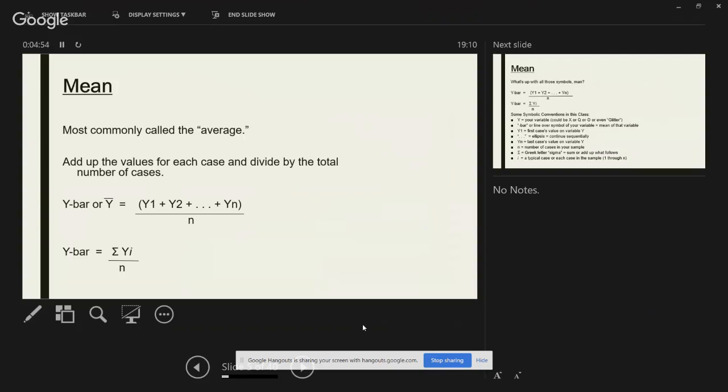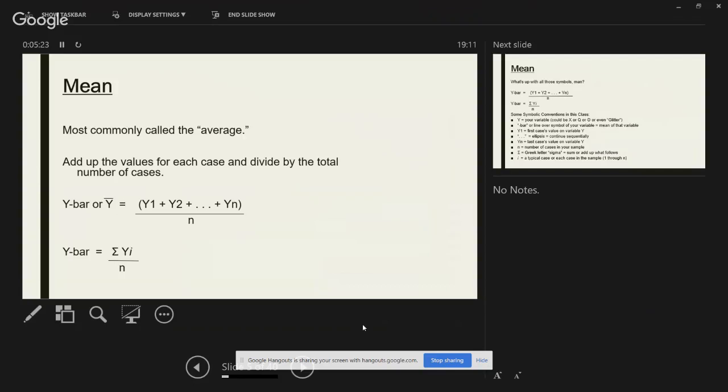Maybe there are different slabs in your office: workers, VPs, a president, and a CEO. Suppose there are 10 workers working in the company, and you want to know the average salary, then you want to know the mean of the people in that category. You can just ask what the average of it is. So most commonly the mean is also known as the average.